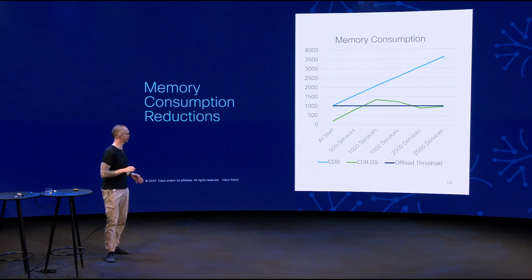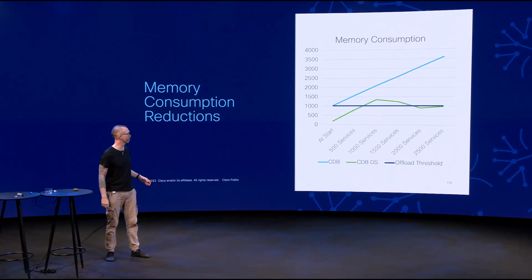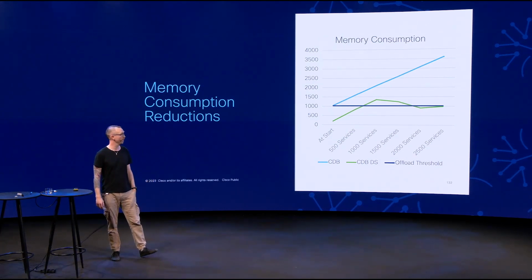So anyway, if you look at this example, we have a memory consumption at the startup. With CDB, it's higher because when you started it up, it loaded all the data into memory, right? With the new disk storage, it doesn't, so it's lower when it starts. However, when you start creating services, they basically increase as much, both of them.